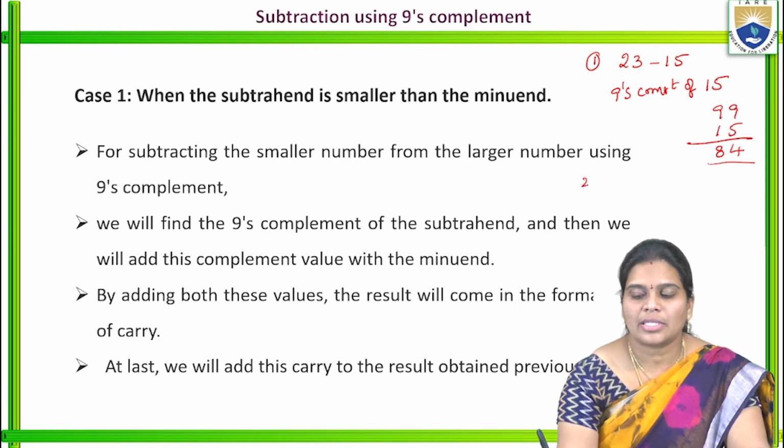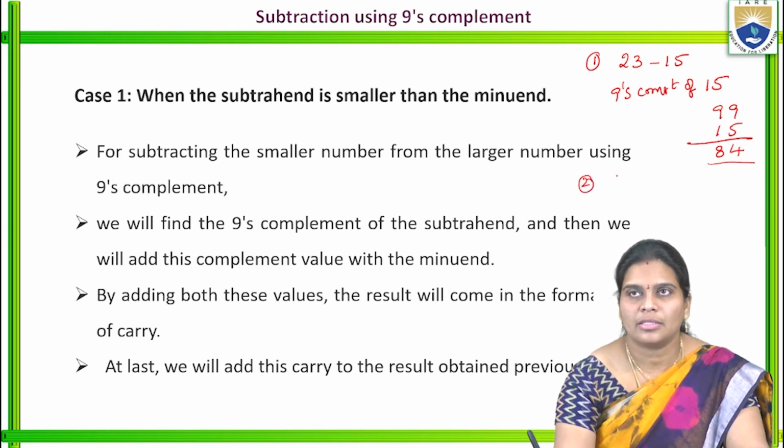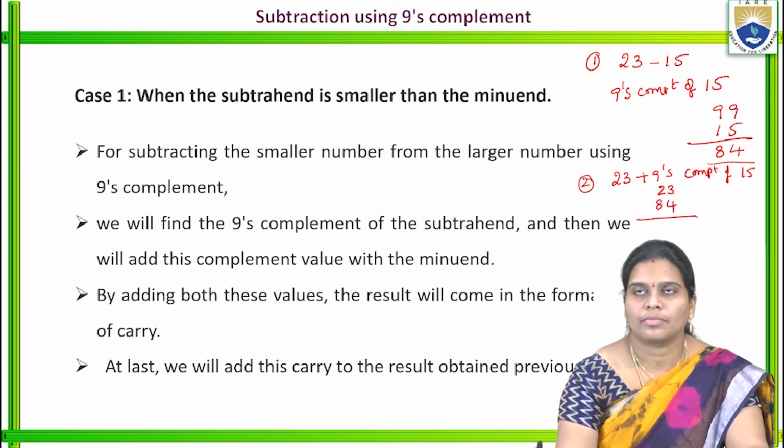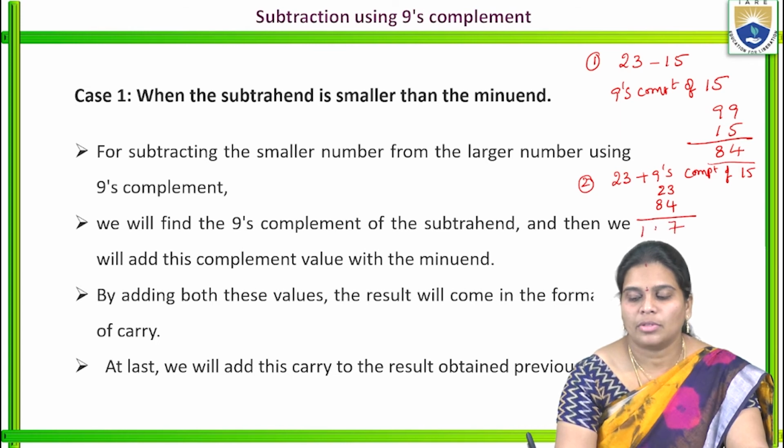What is the second step? Adding these two numbers, 23 plus the 9's complement of 15, so 23 plus 84. 8 plus 4 is 7, 8 plus 2 is 10. Now adding this carry into the LSB bit, so that is 08.